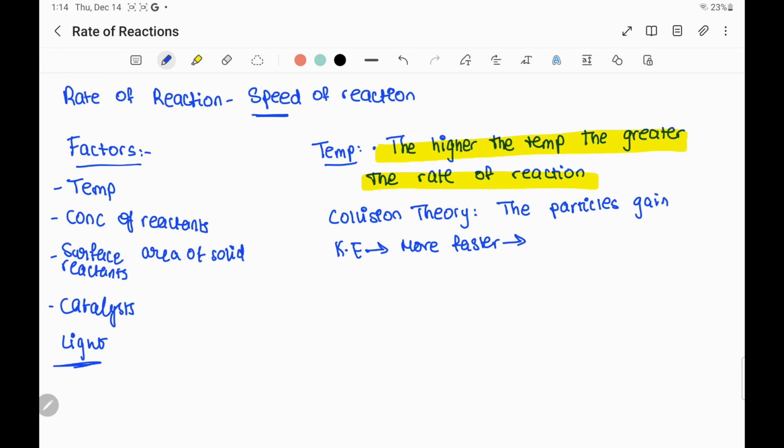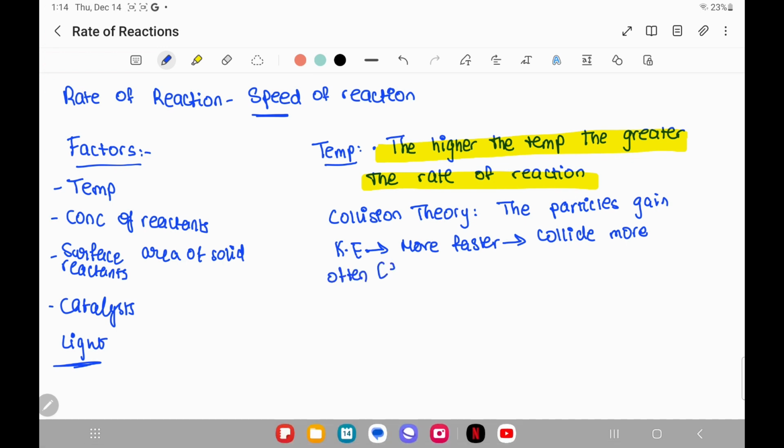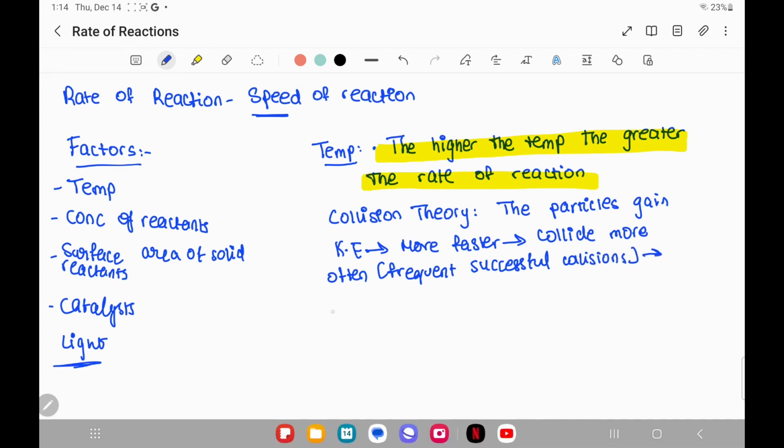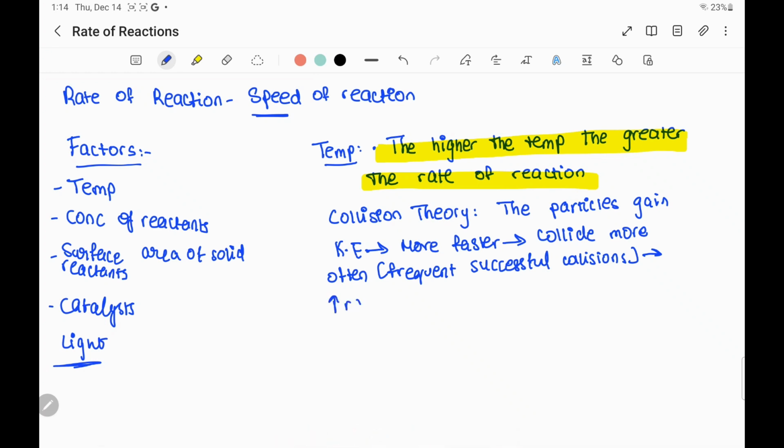As they move faster, they collide more often, which means you have more frequent successful collisions. And because of the increased frequency of these successful collisions, your rate of reaction increases.